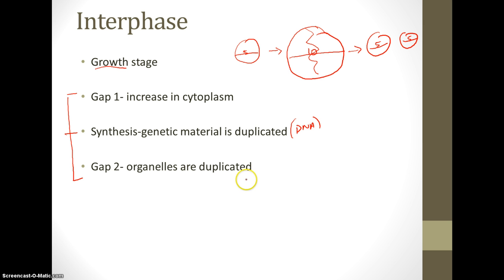So cell parts such as Golgi apparatus, ribosomes, ER are all replicated so that both cells are exactly alike. So the cells are like clones, and this is the first stage of the cell cycle. This leads us on to the next stage, which we'll discuss in our next video.